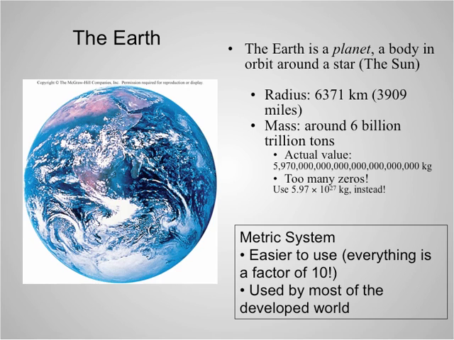Instead, scientists use scientific notation for large numbers such as this. The 5.97 times 10 to the 27 kilograms that you see here means that the decimal point really goes 27 places to the right of where it is now. It's a more compact way of writing this number.